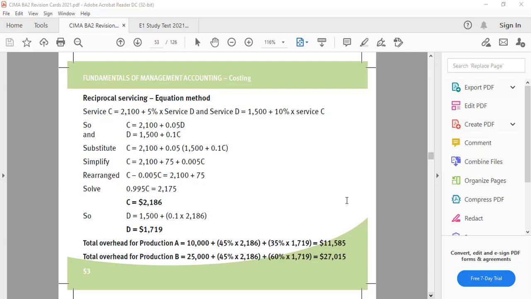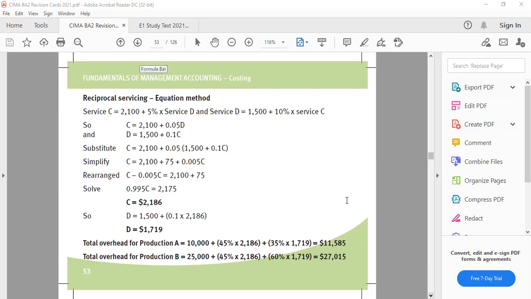How does it look? D is equal to 1500 plus 0.1 into, in place of C, write 2100 plus 0.05 D.